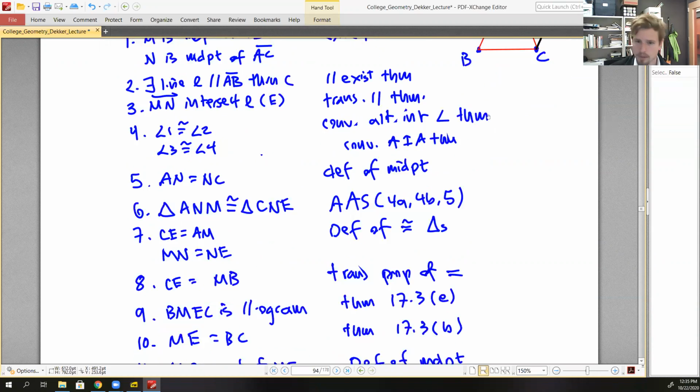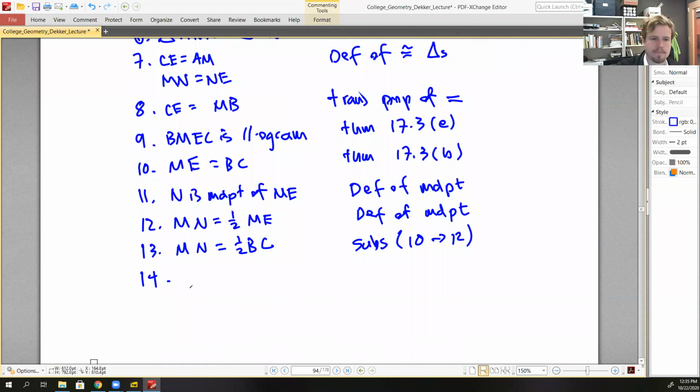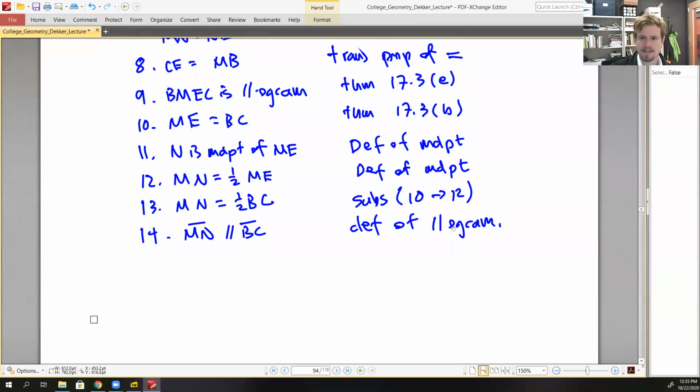So we've had that for a while, we just haven't stated it yet. So MN is parallel to BC. We already said that it is a parallelogram, so those are parallel by the definition of parallelogram. And that's it.